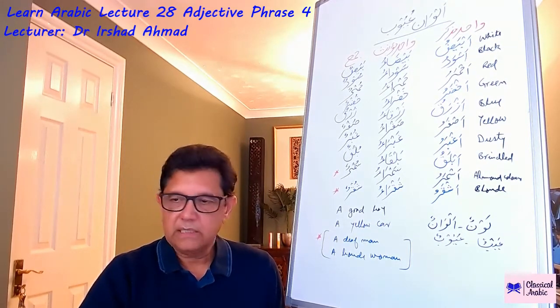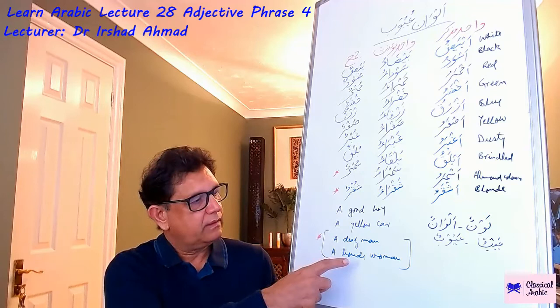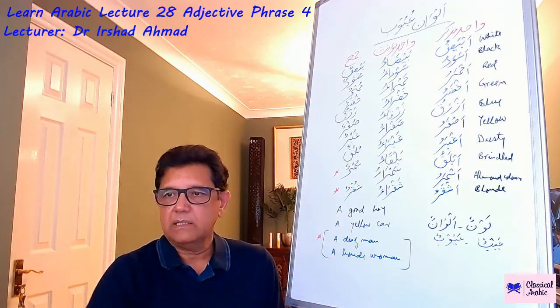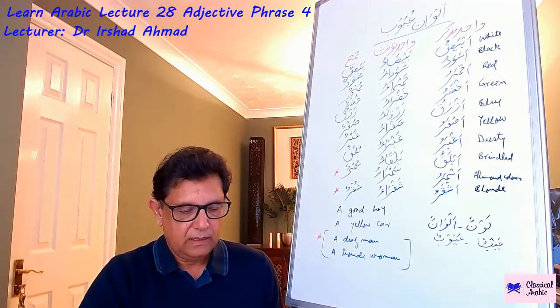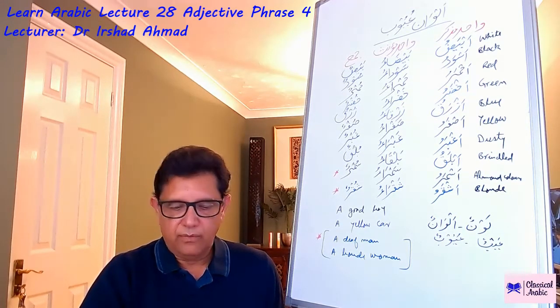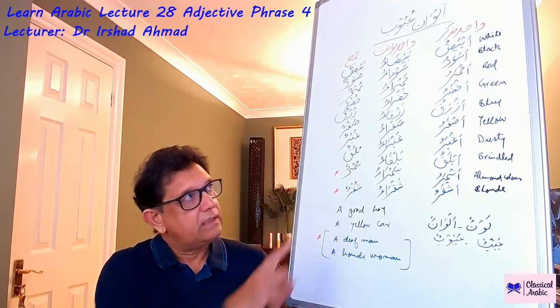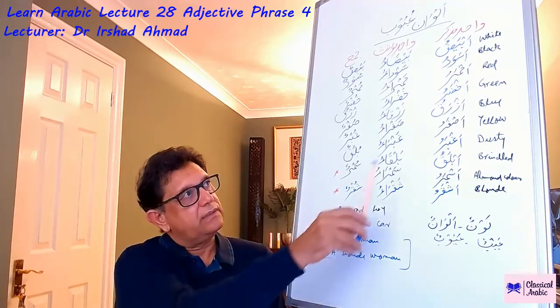So adjectives in Arabic cover various colors, as well as these facial appearance or your demeanor. And these colors in Arabic typically fall under two categories. In this chart, that's the first category.